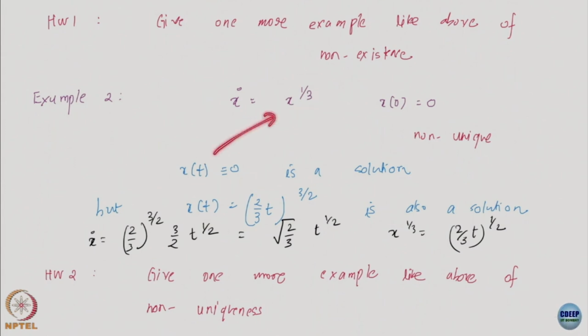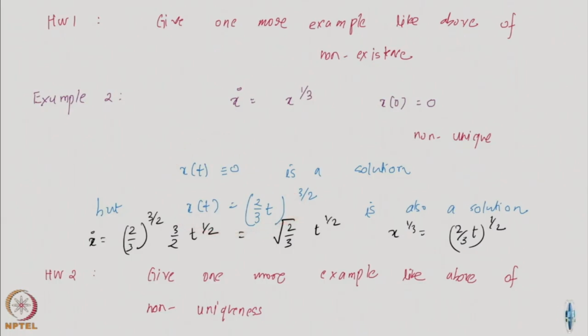So, this is a solution. Similarly, this one, if I take a derivative, satisfies this, because I obtained this by integrating this. It satisfies initial condition at 0 time, and satisfies the differential equation.